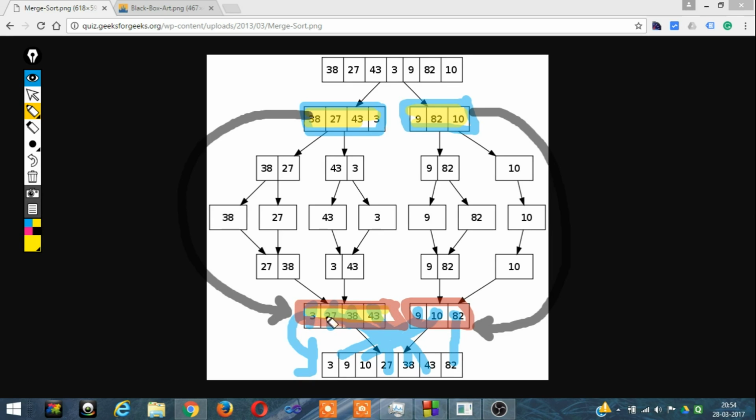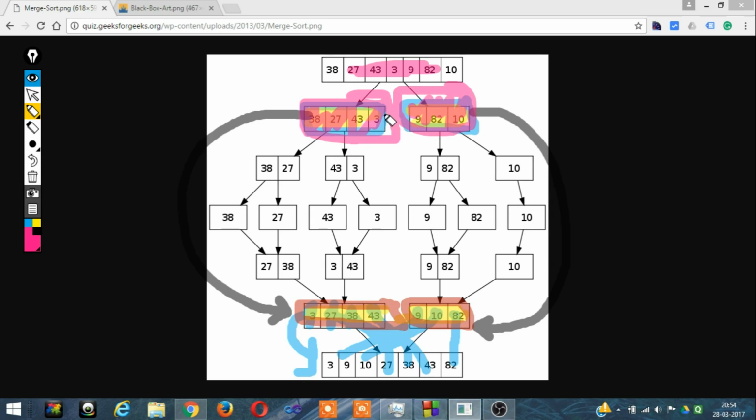So I'm going to repeat again. This array is sorted, this array is sorted. What the merge sort function does is it divides the entire array in two halves, then it calls merge sort function on each of the arrays.